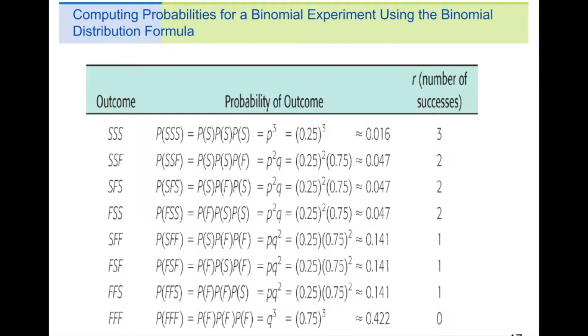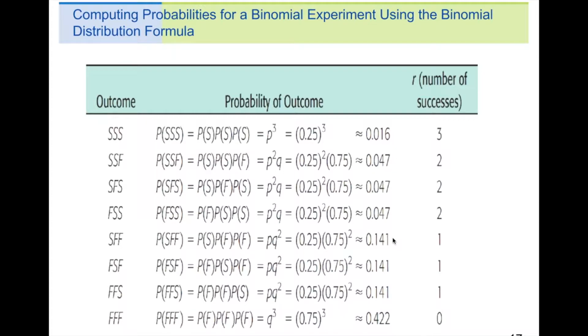Now if we want to find all the probabilities, we have this nice little table. So in this table, we have the one we were just talking about, probability of success, success, failure, which is computed this way, but you get all of them. Notice that the ones that have 2 successes and 1 failure are all the same.